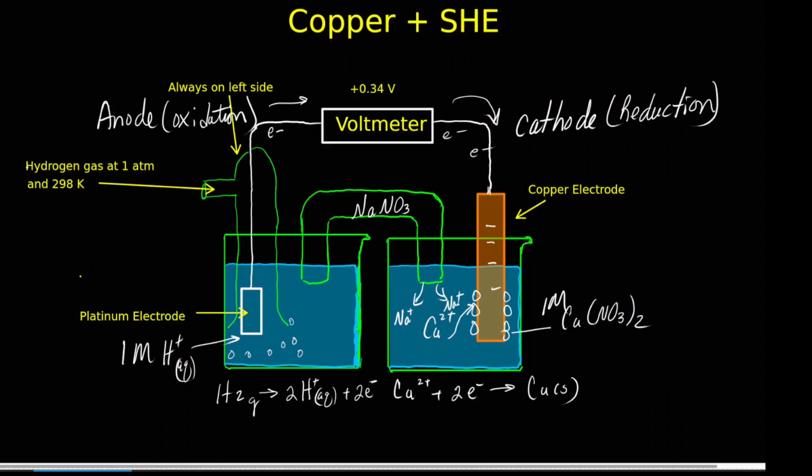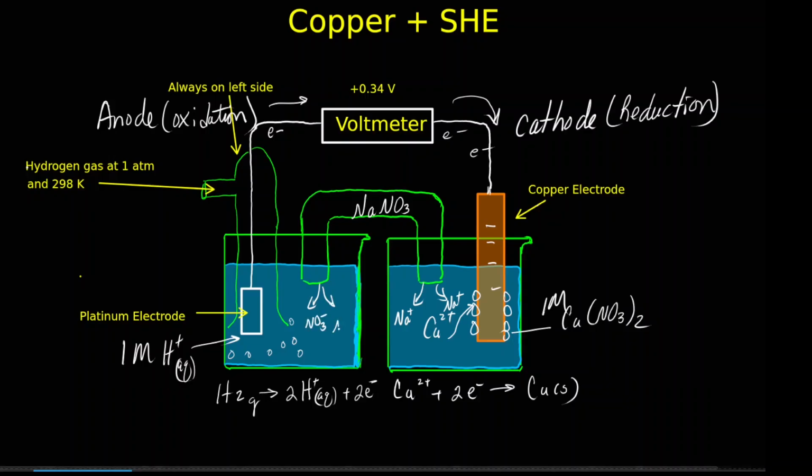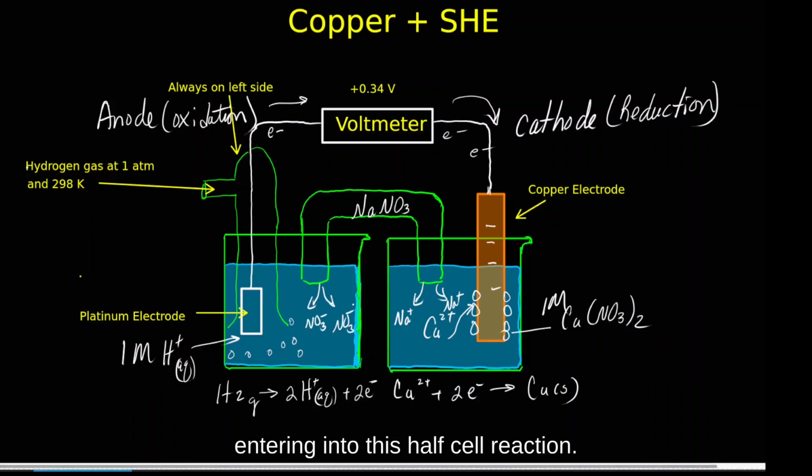While on the other side, I would have to have some NO3 negatives entering into this half cell.